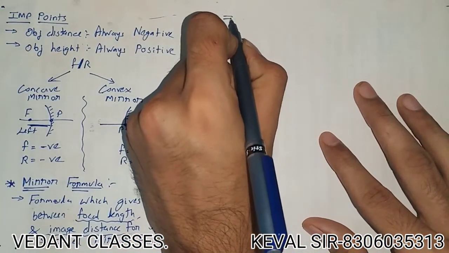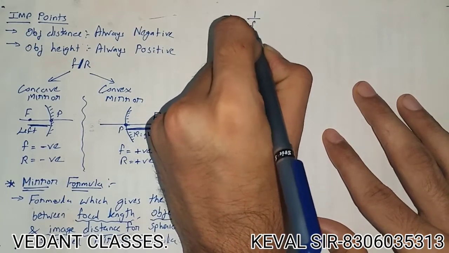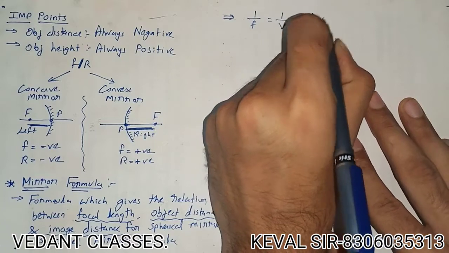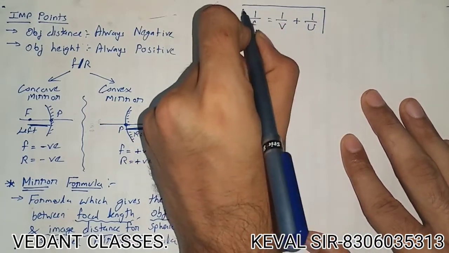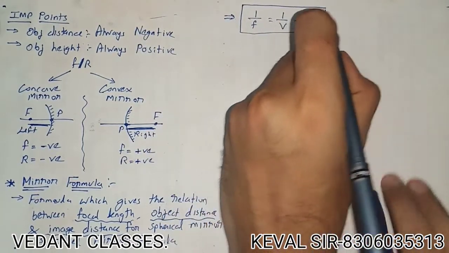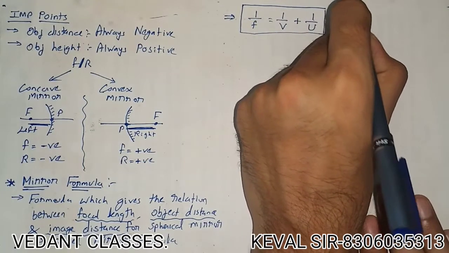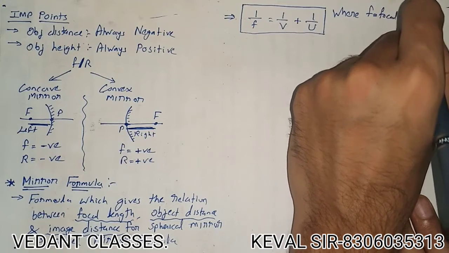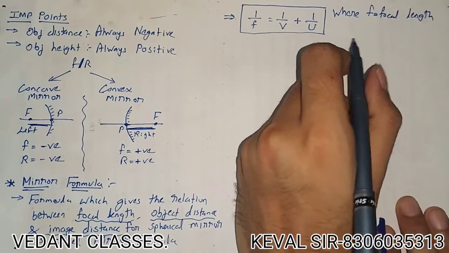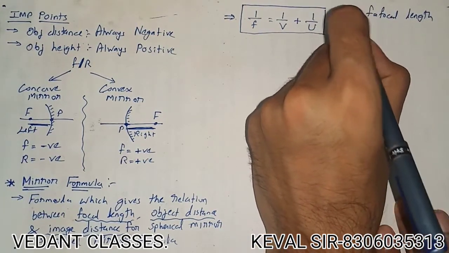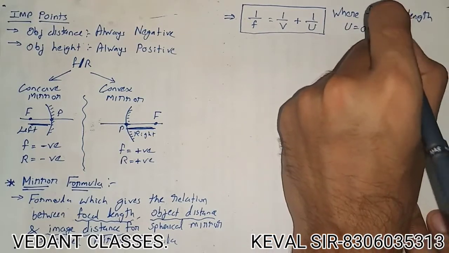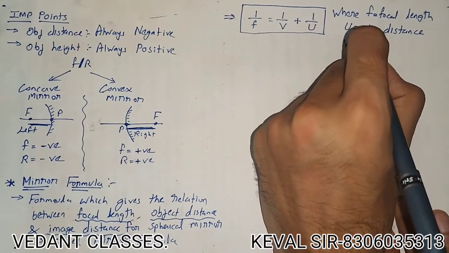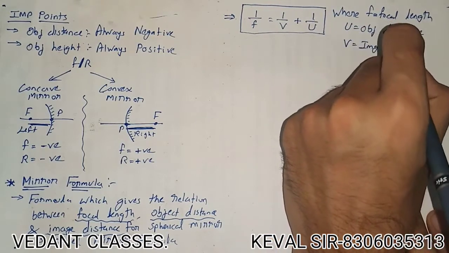So the formula is 1 by f is equal to 1 by v plus 1 by u. So this is the mirror formula, okay, where f is equal to focal length, u is equal to object distance and v is equal to image distance.